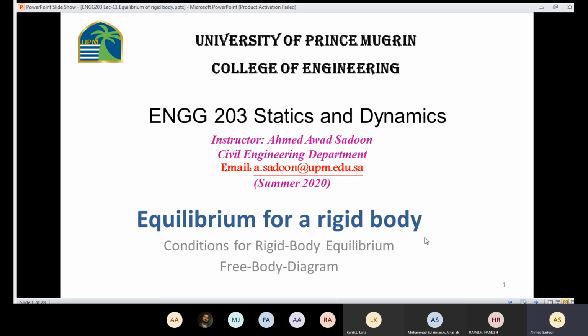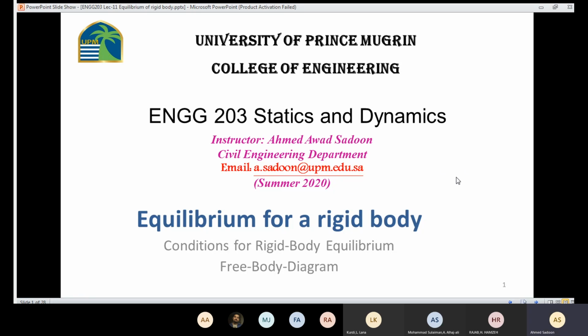So let's get started. Today we are going to start a new chapter, which is chapter 5, equilibrium for a rigid body. If you do remember, in chapter 3, we talked about equilibrium of a particle.